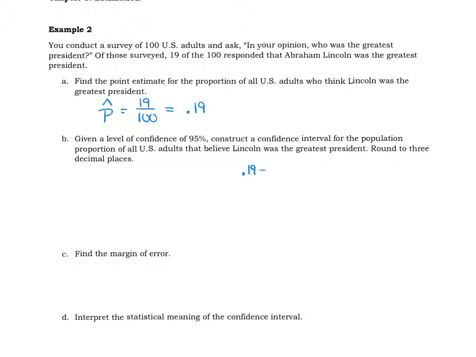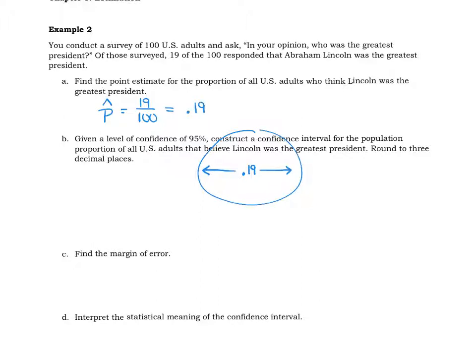The question is, how far do we go above and below 19% to say that that's our target? We're 95% confident that the real percentage of all U.S. adults that think Lincoln was the greatest is between here and here. We've got to give ourselves that range.